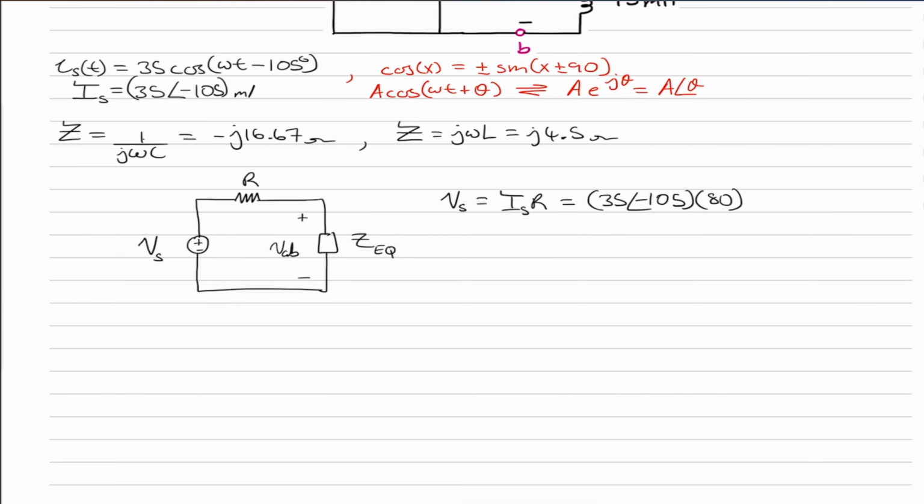So then we have to change that back to milliamps, and then we can include our milli, which then gives a voltage of 2.8 with an angle of -105, and that's in volts.